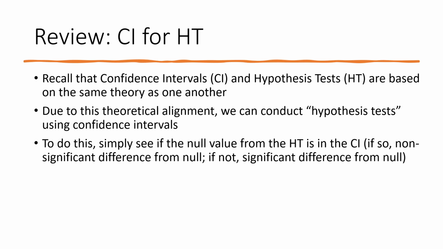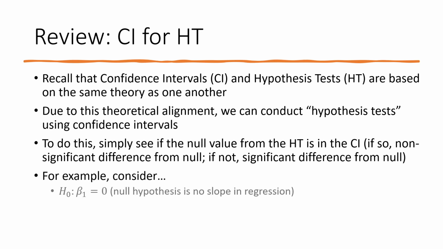If the null hypothesis value is in the confidence interval, then there is not a statistically significant difference between our data and the null value. Of course, if the null value is not in the confidence interval, there is a statistically significant difference between what we found and the null hypothesis value.